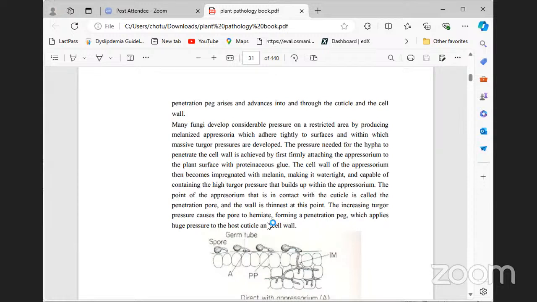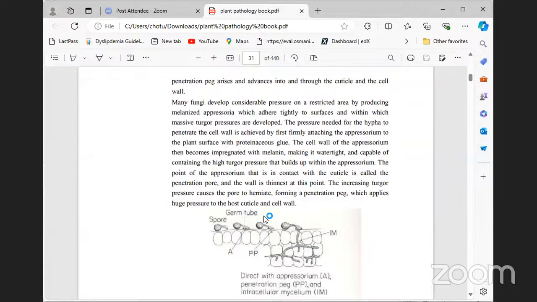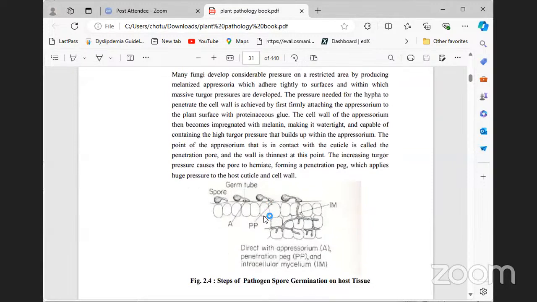The point of the appressorium in contact with the cuticle is called the penetration pore. The wall is thinnest at this point. The increasing turgor pressure causes the pore to herniate, forming a penetration peg, which applies huge pressure to the host cuticle and cell wall.